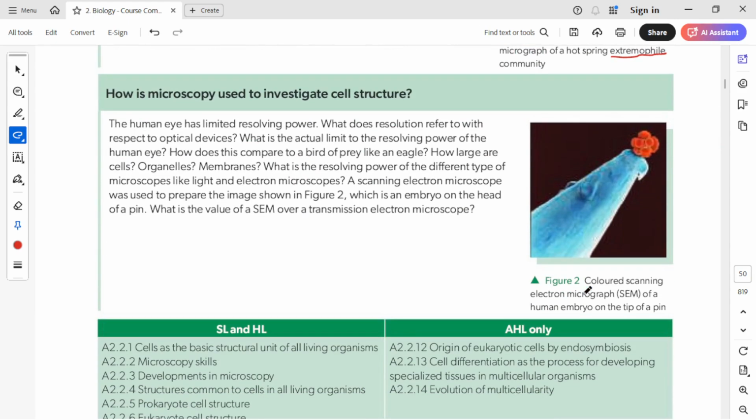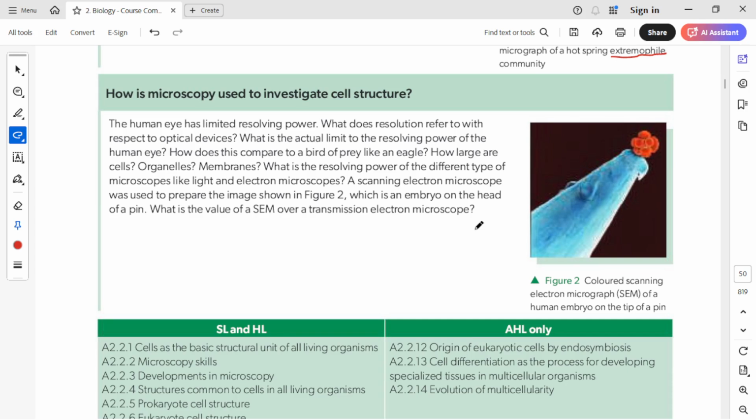How is microscopy used to investigate cell structure? The human eye's resolving power, the power to see any object, is very limited. Anything which is much smaller than our eye's resolving power cannot be seen with the naked eye.